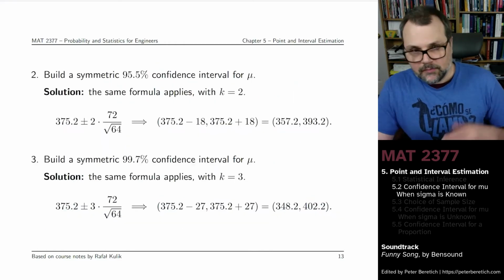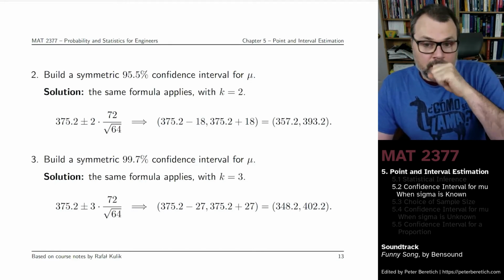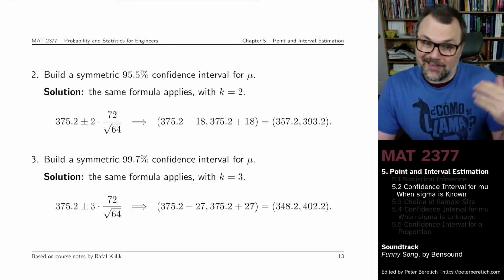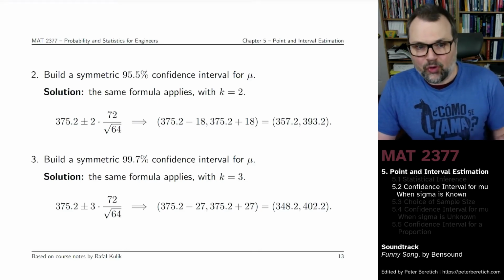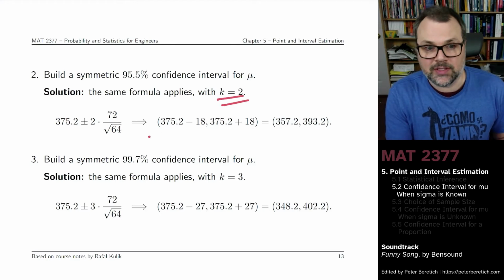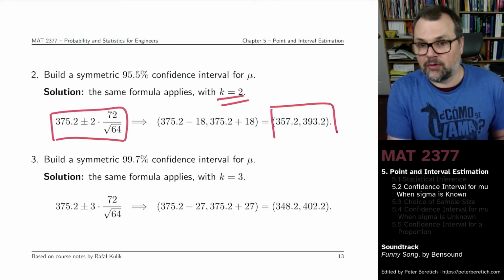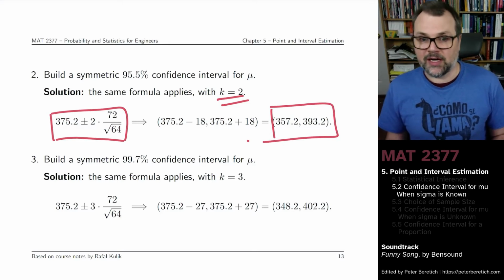So if you had to build a 95.5% confidence interval for the same mean, the same sample, you'd use the same formula, you would just have a different K. Your K would be 2 instead of being 1. And this would build a slightly different interval, 357.2 and 393.2.